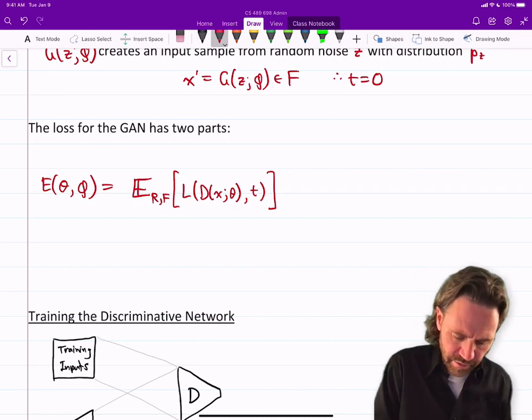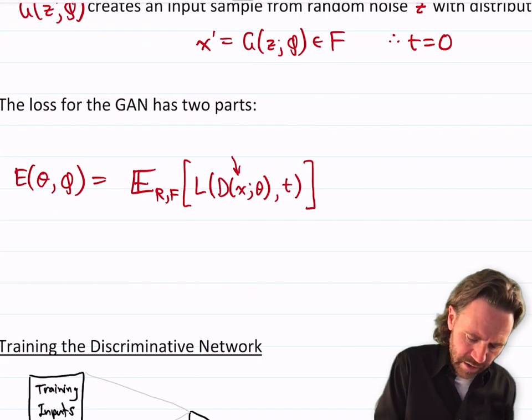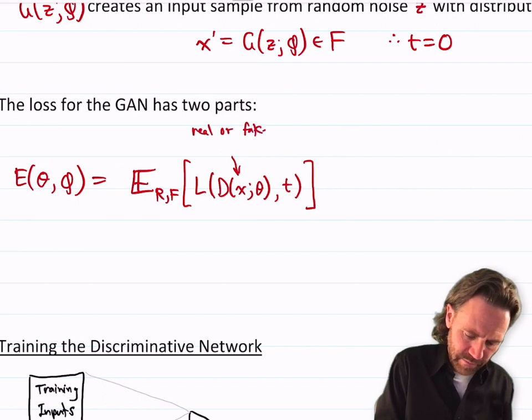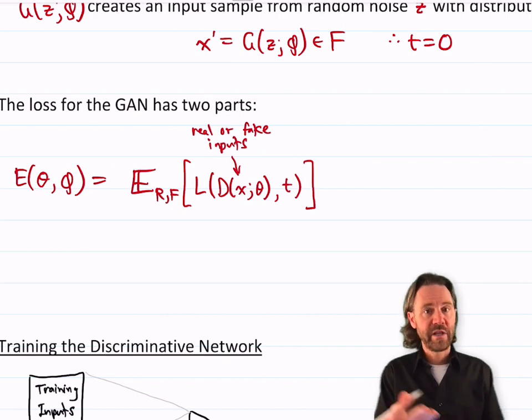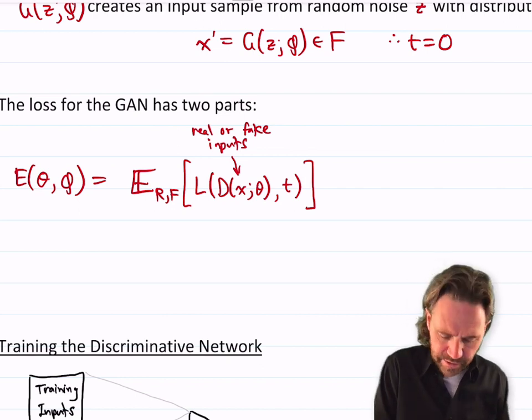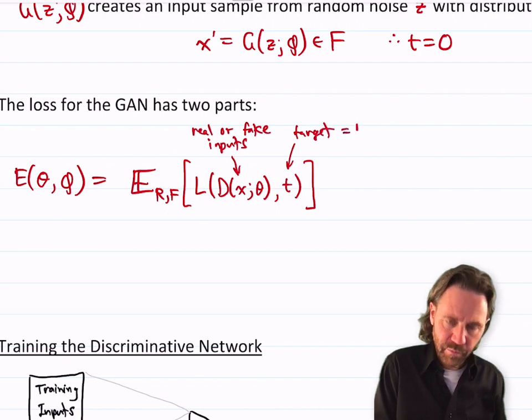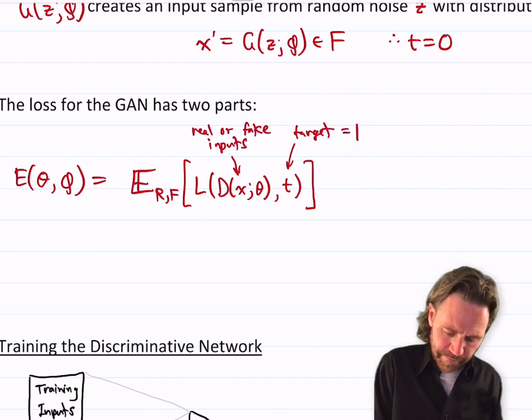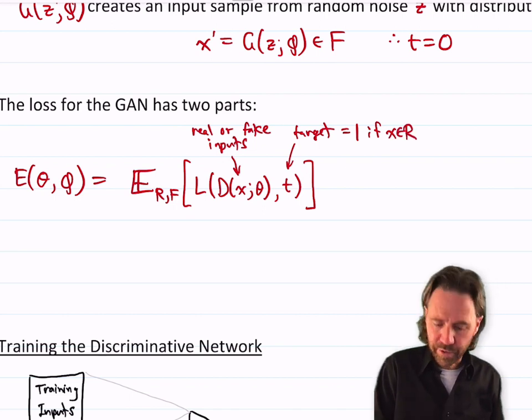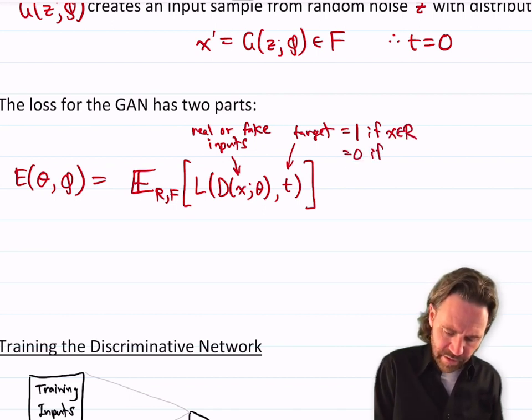So these are the real or fake inputs, because they're taken from both the R and the F set. Now the target equals 1 for X in the real input, or equals 0 if X is from the fake set.